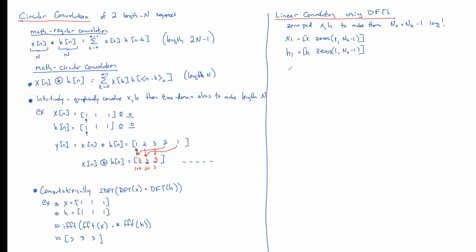Now we can say that your Y1 is equal to your inverse FFT of your FFT of your X1 dot times your FFT of your H1. And this will be now of length, same as the lengths of all of these, which will be of length NX plus NH minus 1.